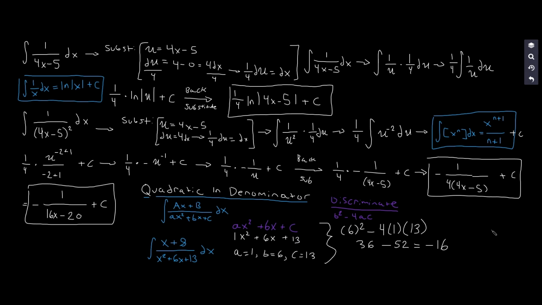The discriminant is negative, and we don't have to do any of the algebra that we did previously in this case, since the denominator can't be factored. There's no need to use any form at all. We just have to do the integral. And so here's how. In order to do the integral in this case, we have to complete the square. So let's complete the square in our example.